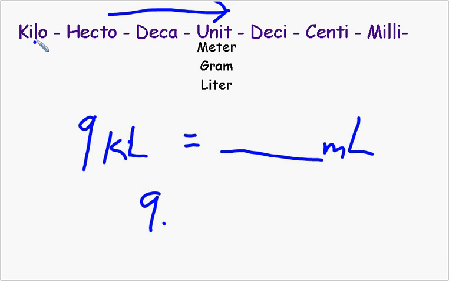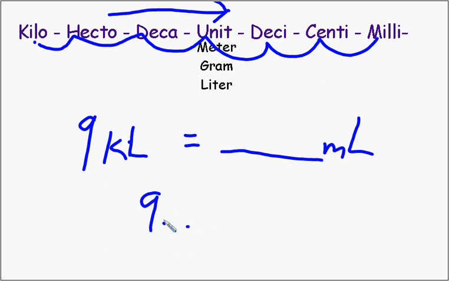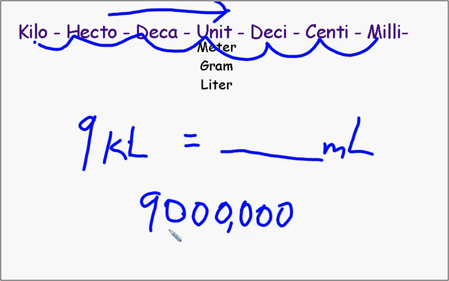Next, I have to ask how many places. 1, 2, 3, 4, 5, 6 places. So I'm really just adding 6 zeros to my 9, and put my commas in there. So 9 kiloliters is 9 million milliliters. And that's converting in the metric system.